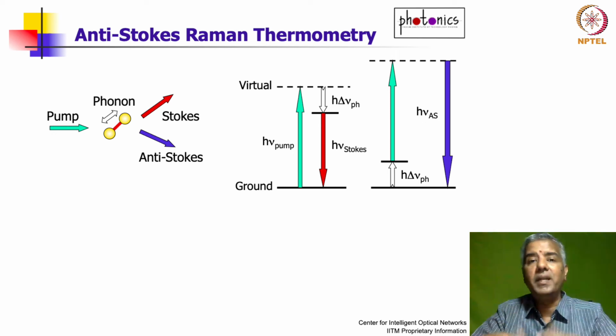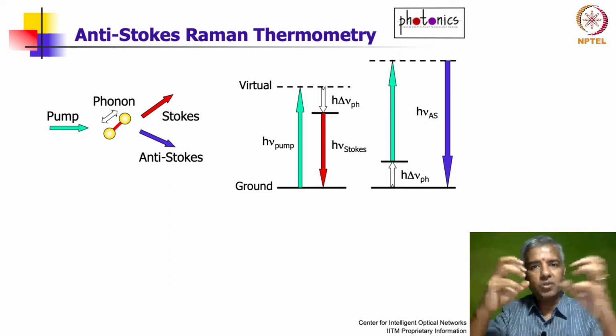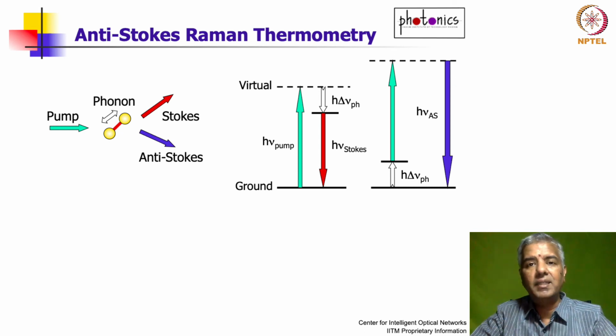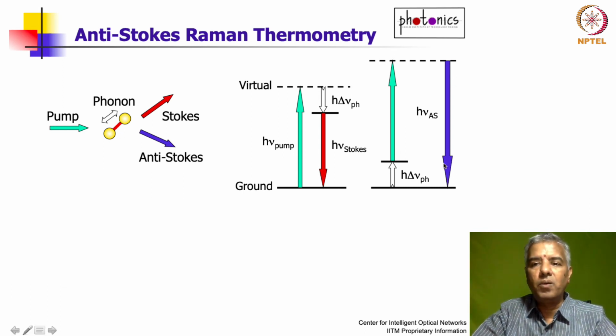If you heat up the material, then all the atoms are going to bounce around their mean positions, and so you're going to have lots of vibrational modes, and in that scenario the probability of this process happening is higher, right? So as you increase the temperature, you can expect more and more of this anti-Stokes scattering happening.